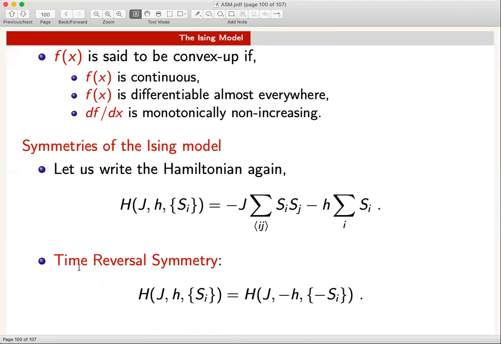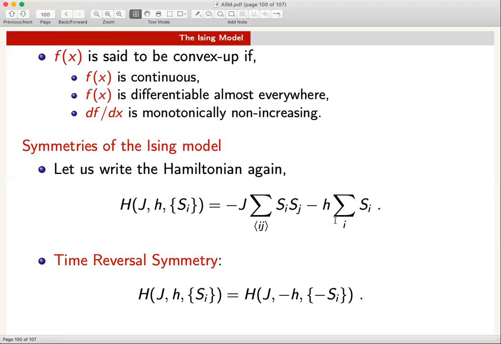One is a symmetry which is called time reversal symmetry. Time reversal symmetry corresponds to switching the sign of the magnetic field. If you switch the sign of the magnetic field, then the Hamiltonian becomes minus J s_i s_j plus h times the summation over s_i. However, if you flip the signs of the spins, then the Hamiltonian is invariant, because this term is quadratic, which wouldn't flip sign, but this term is linear.